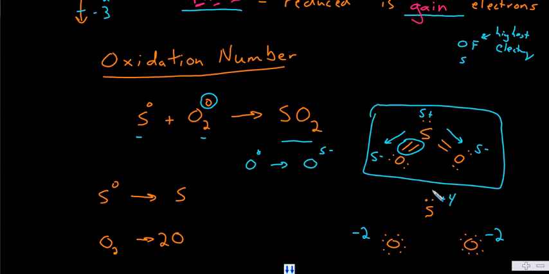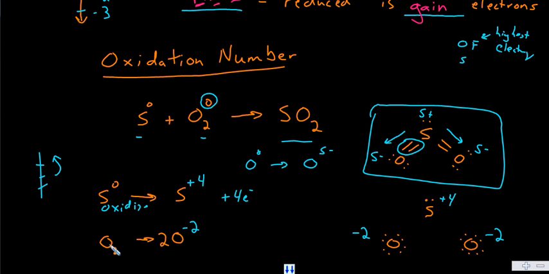Okay, so we'll use those oxidation numbers in determining whether these things were oxidized or reduced. So sulfur is going from 0 to an oxidation number of +4. We can consider that electrons must have been released from it. It's going to go up the number line, and so it was oxidized.